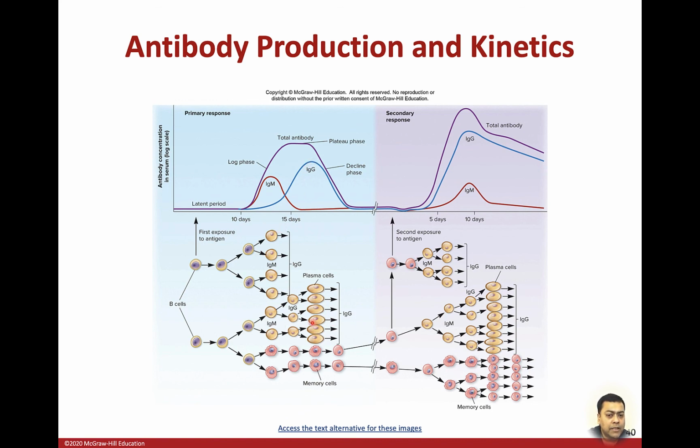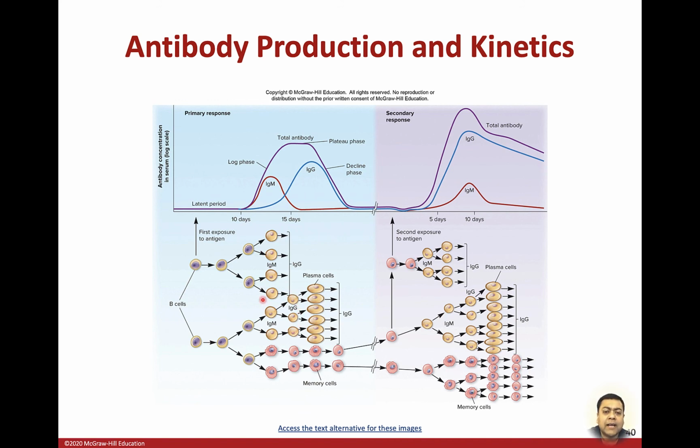So what is the difference between these two? See right here, the IgM is not secreted in such a large amount, but at a certain time right here, these B cells are going to convert into cells which will be secreting IgG. And we are going to talk about that.